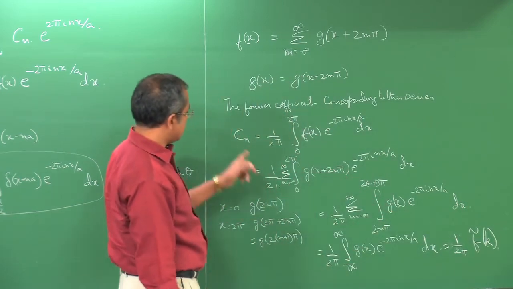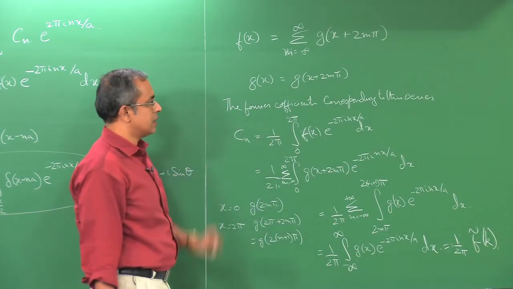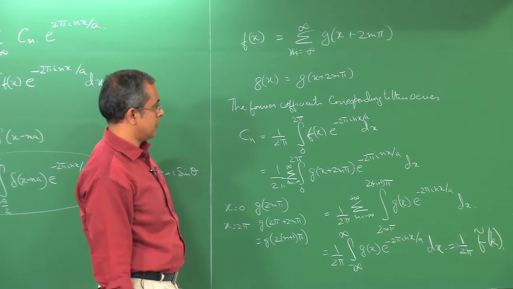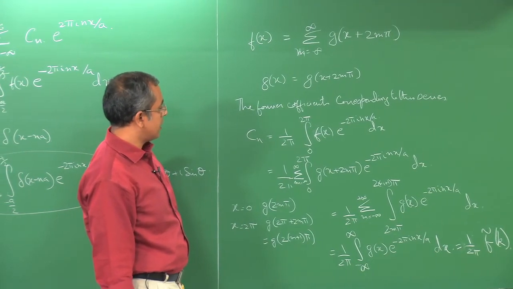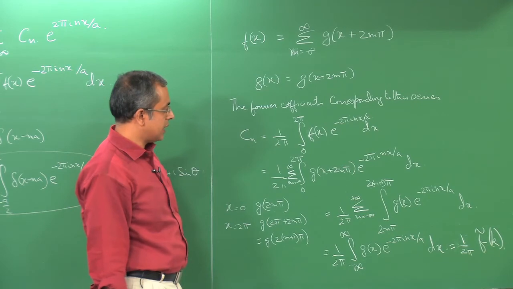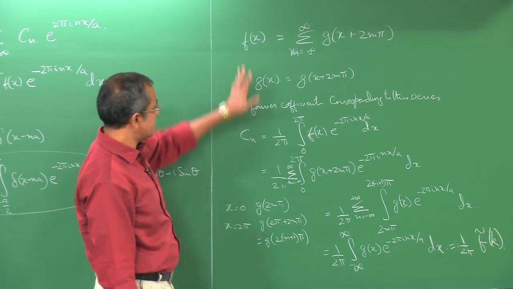So, now this is also the expression which is the Fourier coefficient of the function. Okay. This is in general, right.